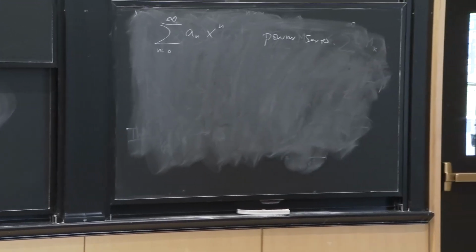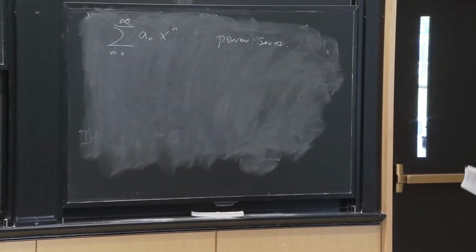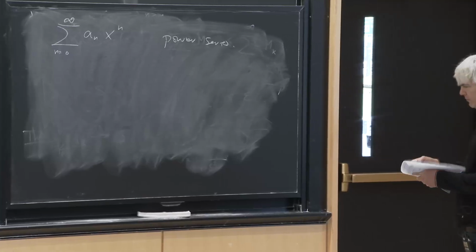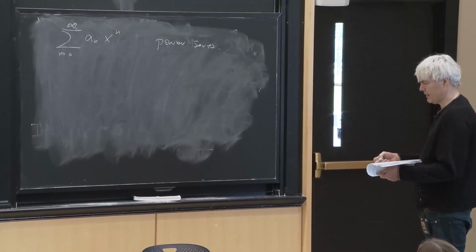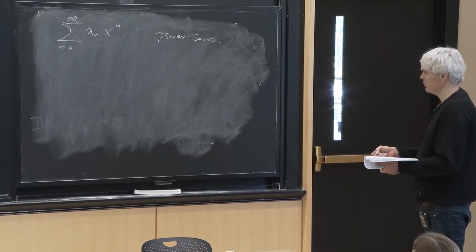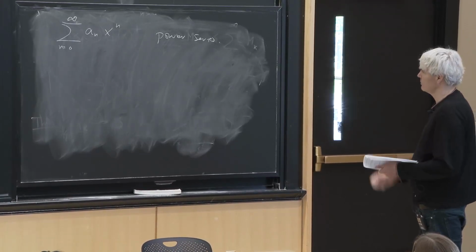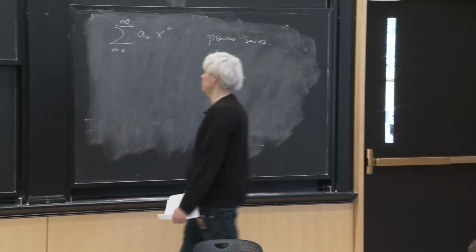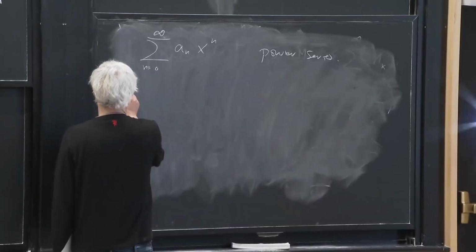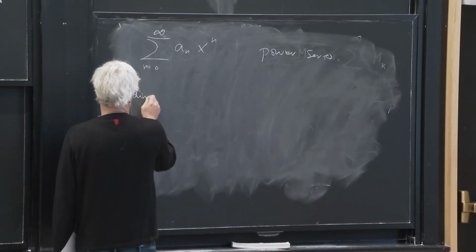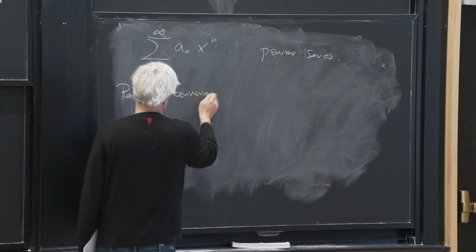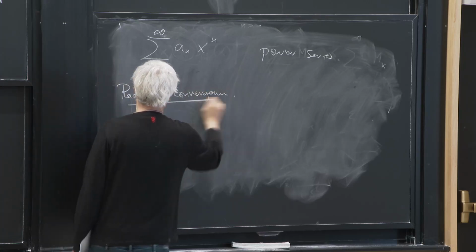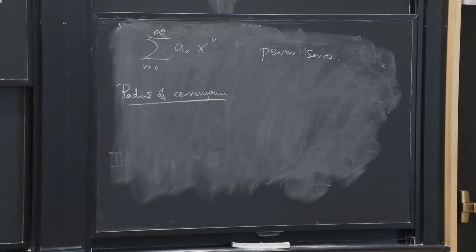You think about it as a series because for each x, it's like a regular series, but the value you get depends on x. And so for this, we define the radius of convergence.